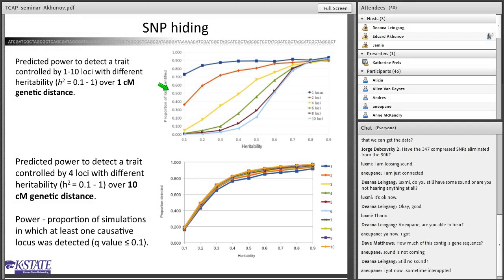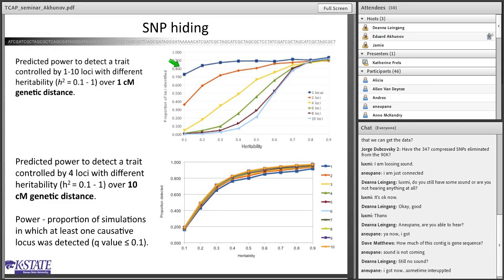So the results, of course, are consistent with the other simulation experiments. Here you may see that for the trait that is controlled by one locus, this is the top graph, you have quite a high probability of finding the correct association even for the traits with a relatively low heritability level.